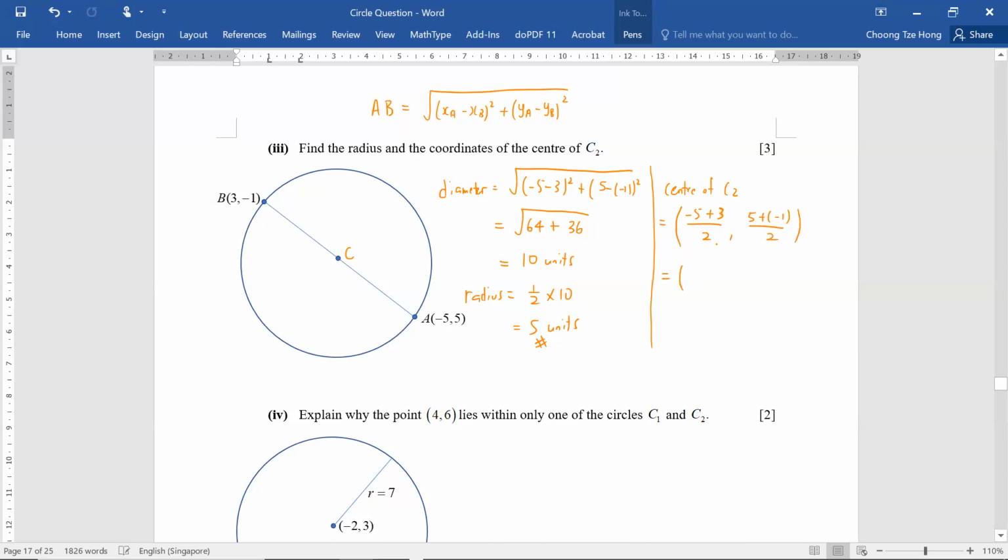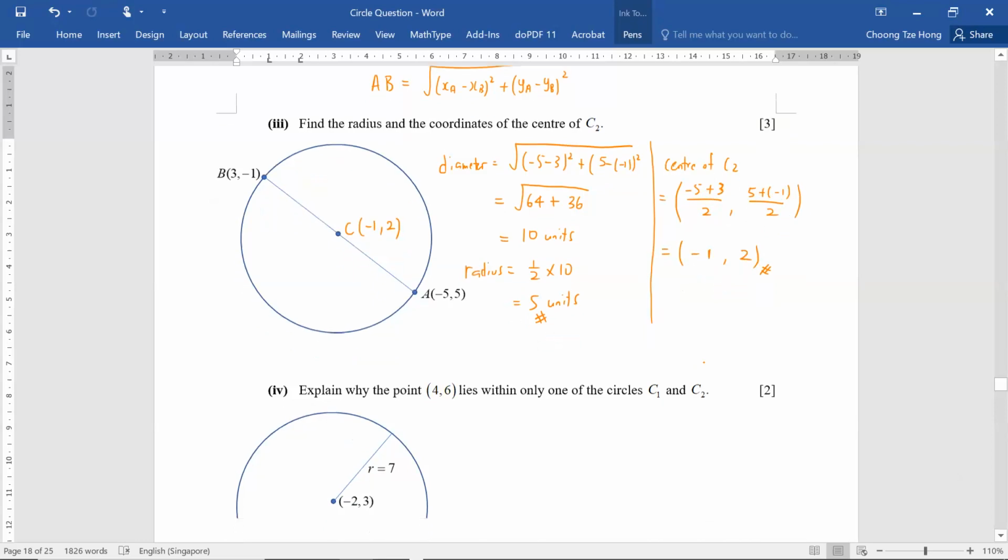You will get minus 2 over 2, which is minus 1, and 4 over 2, which is 2. So the coordinates will be minus 1 and 2.